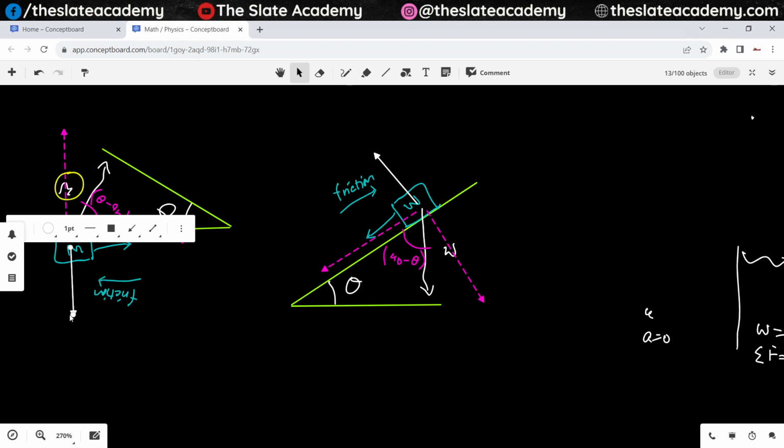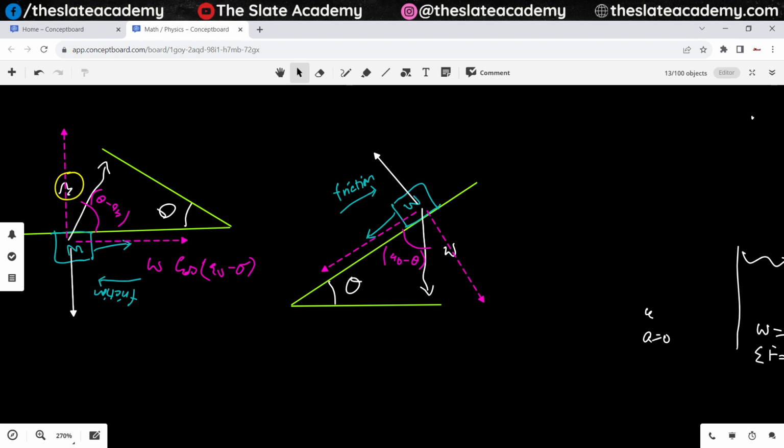So the x component of the weight would be W cos theta, and the theta that we have over here is 90 minus theta. The angle that it is making with the supposed x-axis is 90 minus theta. So it would be W cos(90 minus theta), and the vertical component would be W sin theta, where theta over here is 90 minus theta.